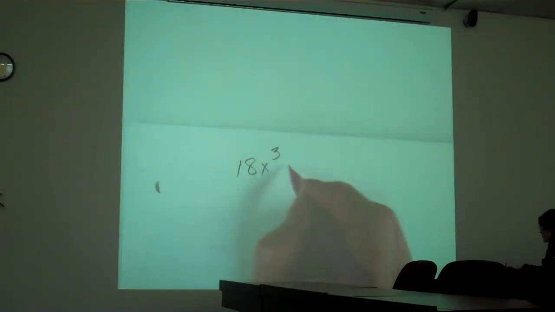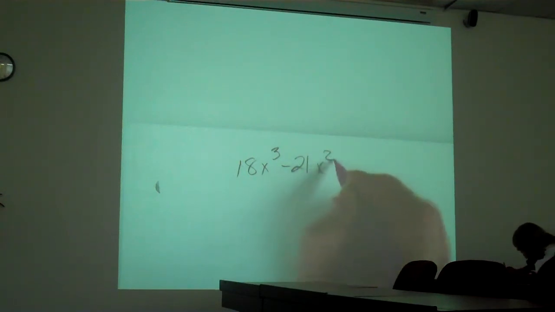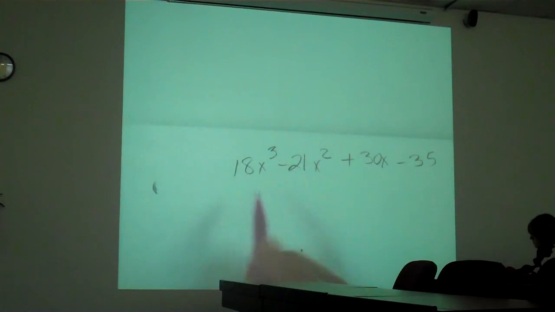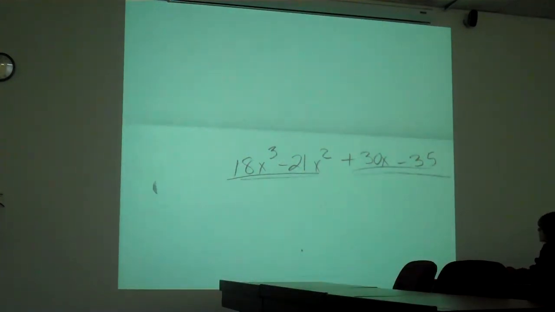Okay, 18x cubed minus 21x squared plus 30x minus 35. Grouping.